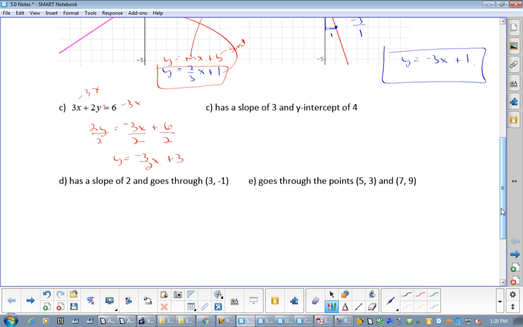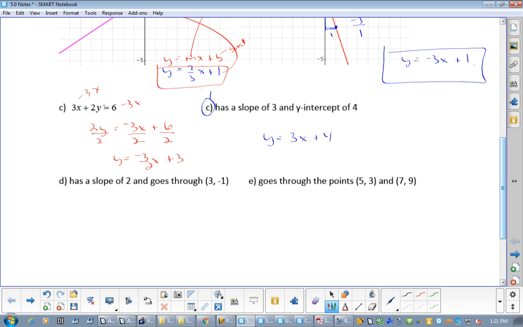Okay, C should be an insult to your intelligence. What would this equation be? It's not a good setup, eh? You get it wrong, you're like, oh crap. Y equals x plus 4.